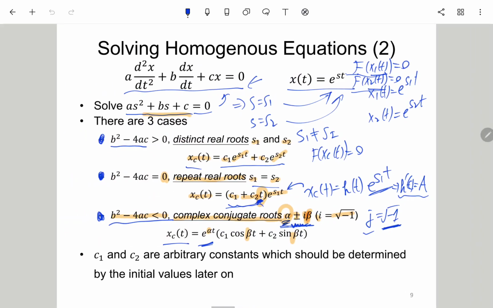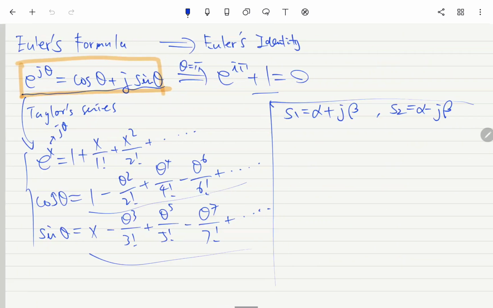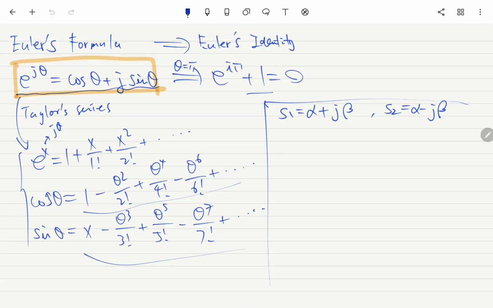Of course, here it is i, but I always like to write j instead of i, so forgive me for this part. Then xc of t should be c1 exponential to s1 t plus c2 exponential to s2 t.